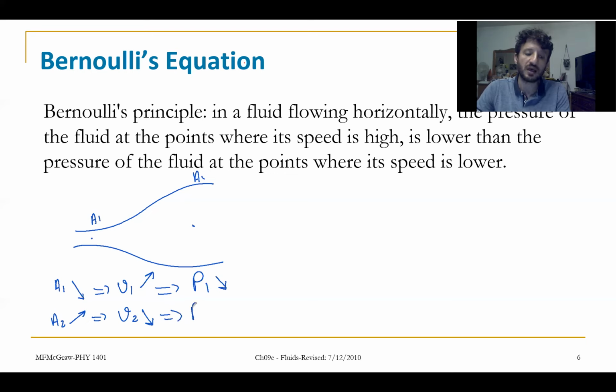In this case, P2 is large. So we have to find this relation between P and V by one equation, by one formula. It's called Bernoulli's equation.